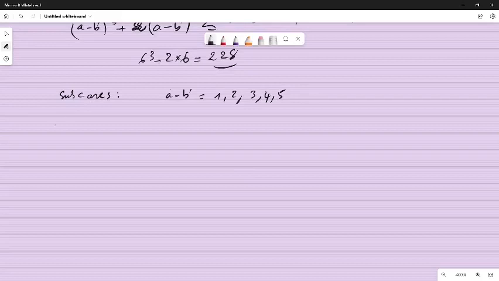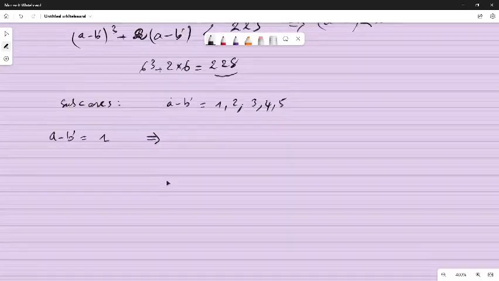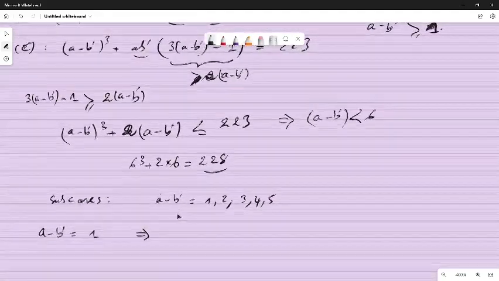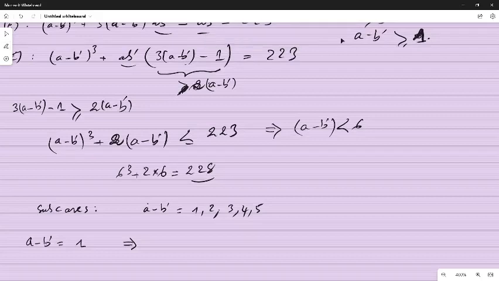For a minus b prime equals 1, we look at our equation. Then we must have 1 cubed plus ab prime multiplied by (3 minus 1) equals 223.